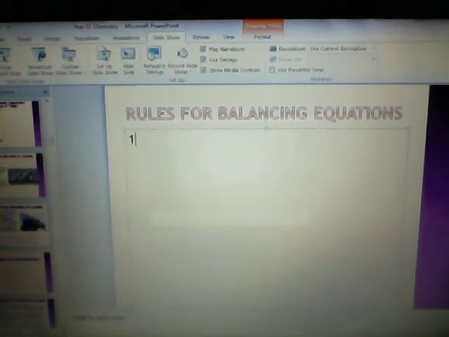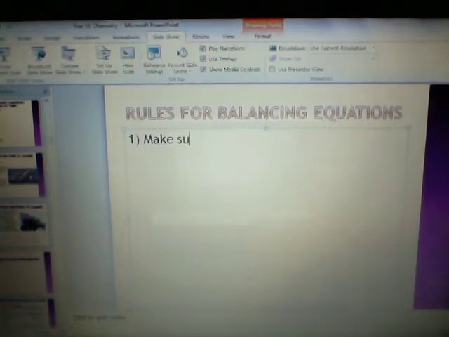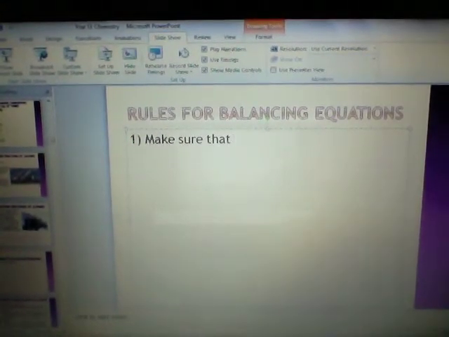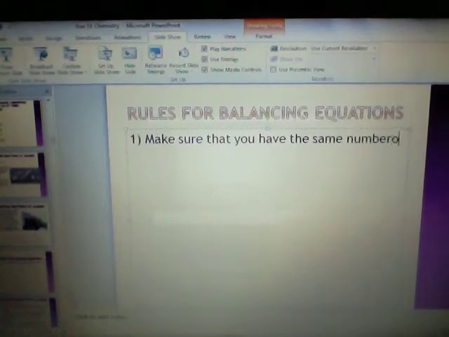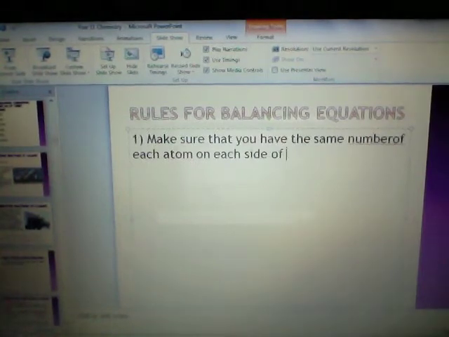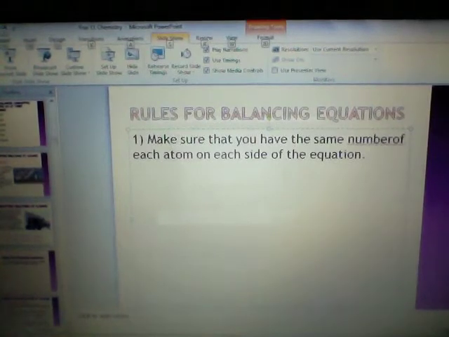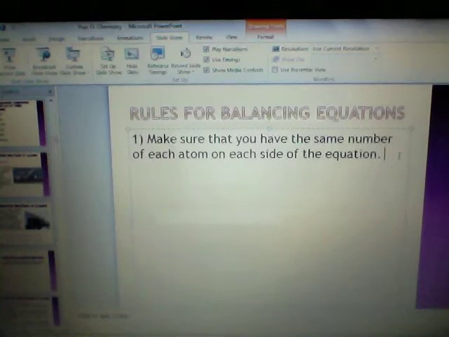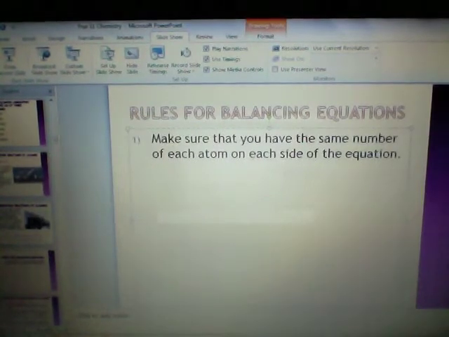First rule, and I want you to write these in your book: make sure that you have the same number of each atom on each side of the equation. Next rule, rule number 2.